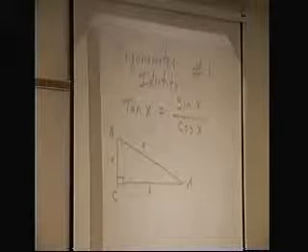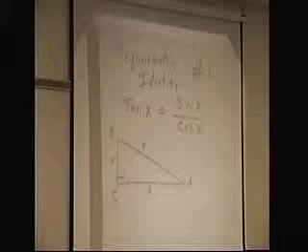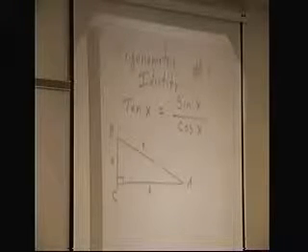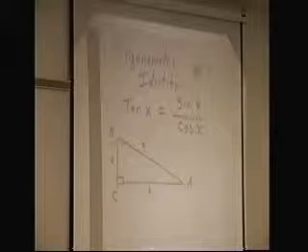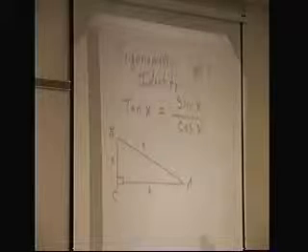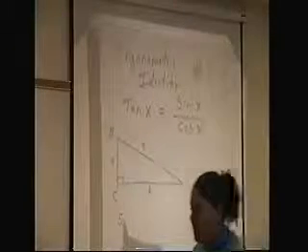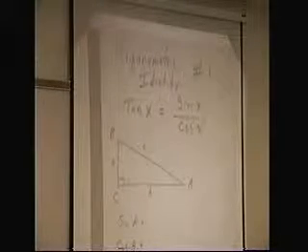There's a labeled triangle. Now I want you to write the sine, cosine, and tangent of A and the sine, cosine, and tangent of B. Go ahead. Do more than just write the question.